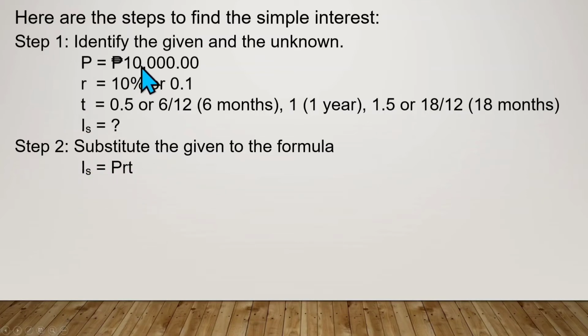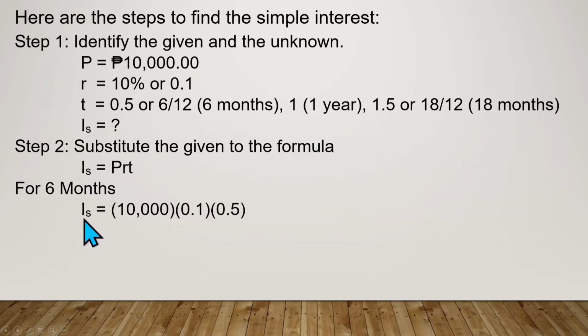So we're going to substitute the values to the given formula. So we have, for the 6 months, simple interest is equals to 10,000. So the P is 10,000, R is 0.1, and the T in 6 months is 0.5.